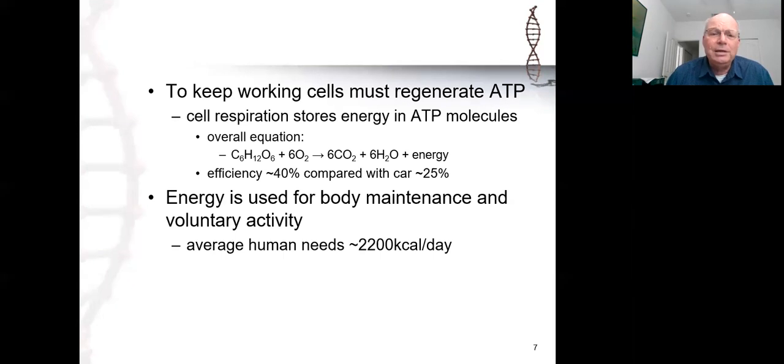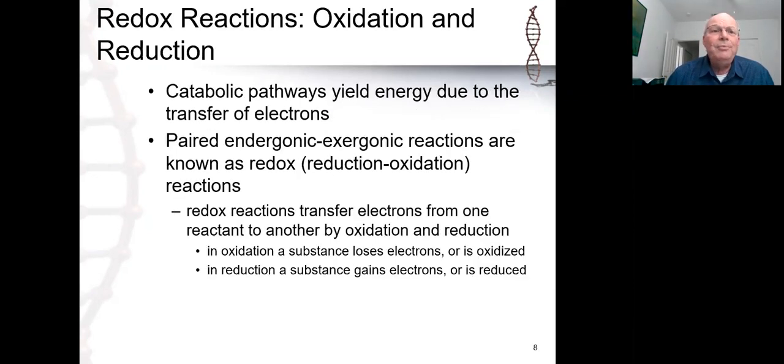And the question becomes, how do we extract energy out of glucose through a series of chemical reactions? The answer comes down to electrons. It's all about the electrons. It's all about extracting electrons out of glucose in such a way that we can extract energy out of them.